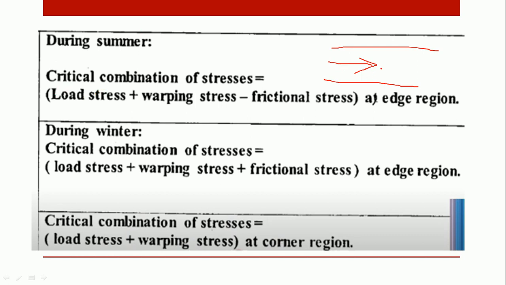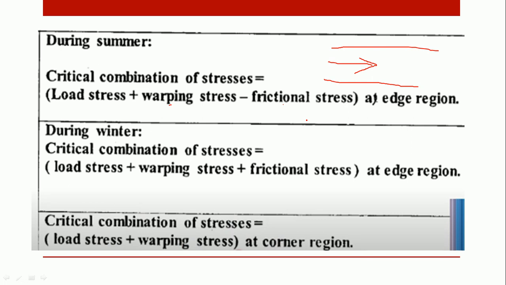Along with that, there is a daily variation in temperature. Because of that, a temperature variation exists between the top and the bottom layer, and thereby we get the warping stress and frictional stress. So all the stresses, that is wheel load stress, warping stress and frictional stress, are occurring simultaneously in the pavement.